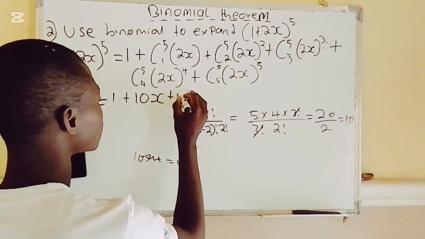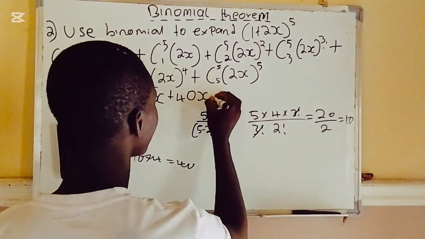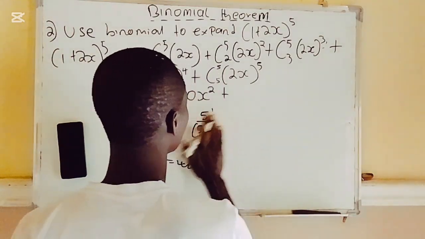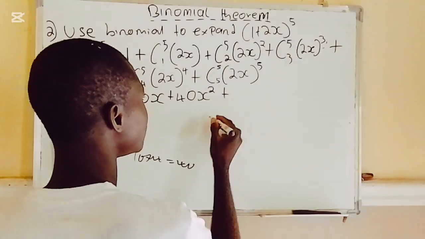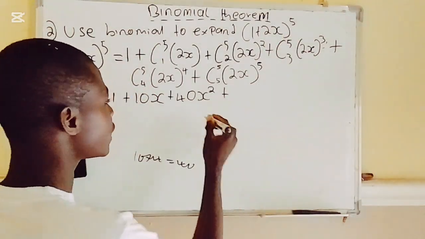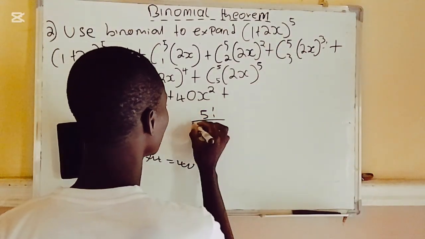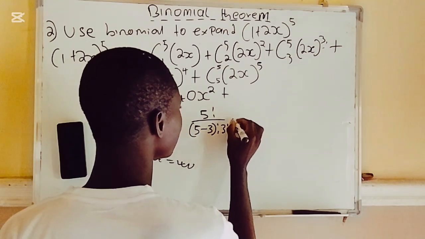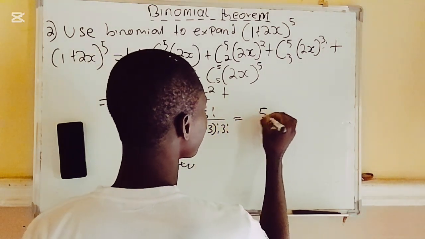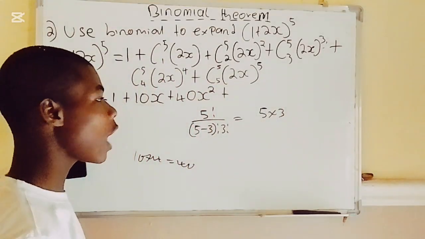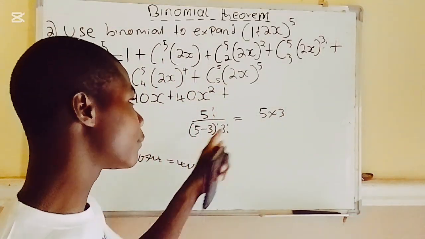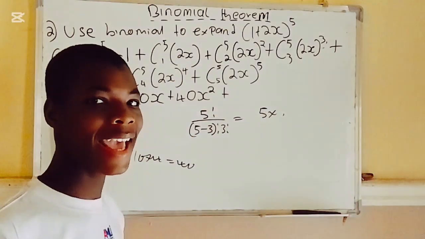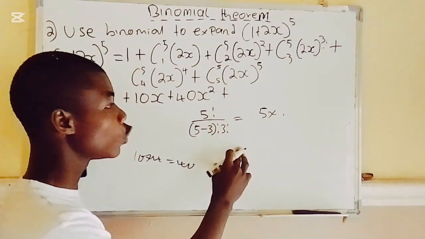So therefore plus 40x squared, plus 5 combination of 3. So 5 factorial of 5 minus 3 factorial into 3 factorial, it will be equals to 5 times 4 times 3 factorial. The reason why I am breaking it down is I just want to cancel the highest factor in the denominator.